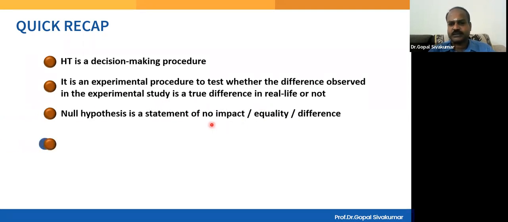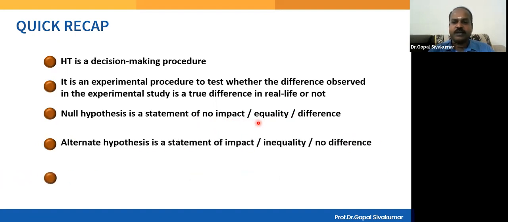Null hypothesis is a statement of no impact, a statement of equality, a statement of no difference, right? Alternate hypothesis is a statement of impact, statement of inequality, and statement of difference.